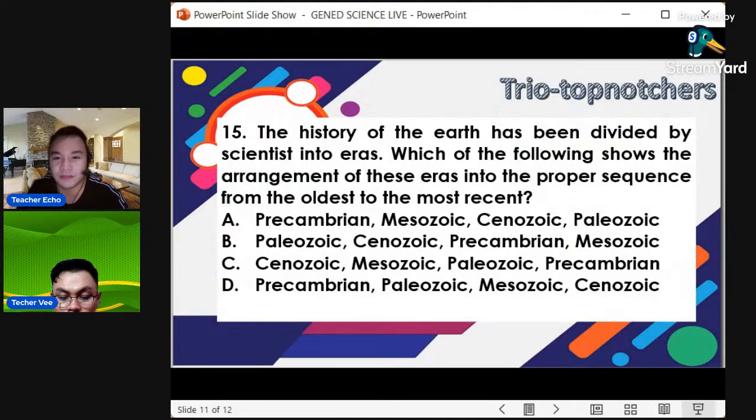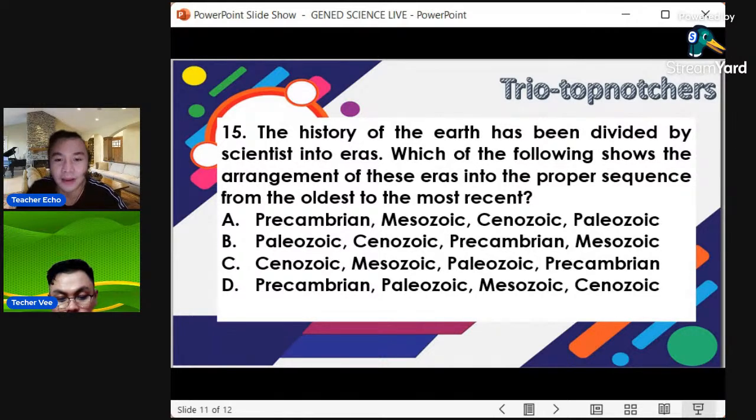Okay, number 15. The history of the earth has been divided by scientists into eras. Which of the following shows the arrangement of these eras into the proper sequence from the oldest to the most recent?